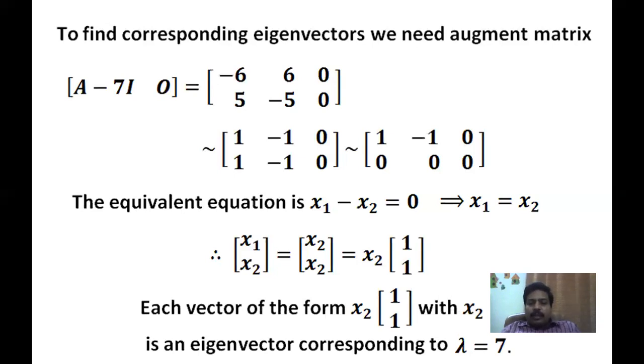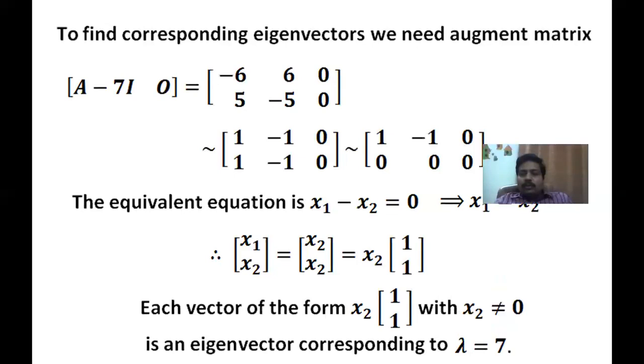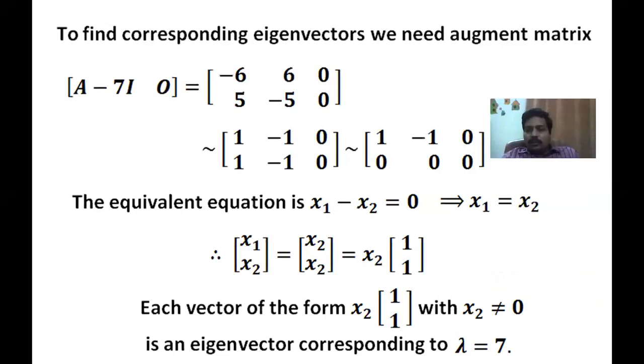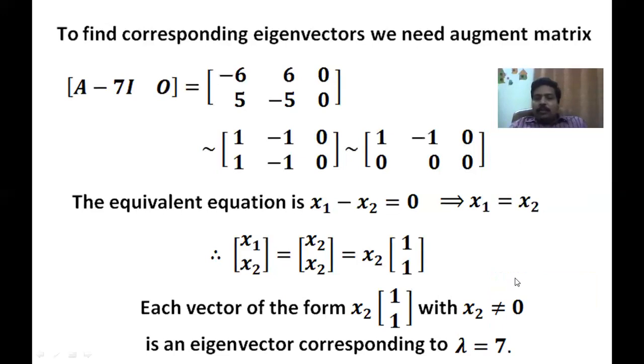So each vector of the form x2 into (1, 1) with x2 not equal to 0. If x2 is 0, then this will become (0, 0), a zero vector. The zero vector is obviously not an eigenvector, as per our definition; we are not considering zero vectors.